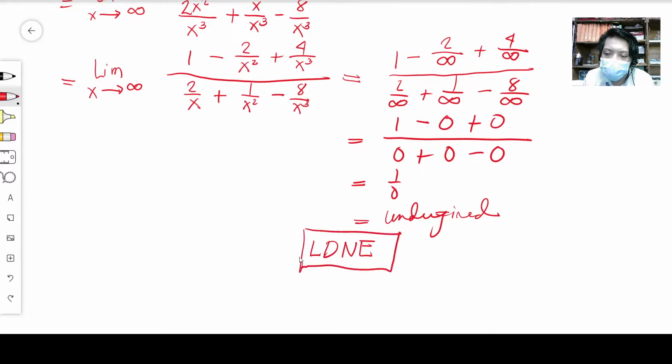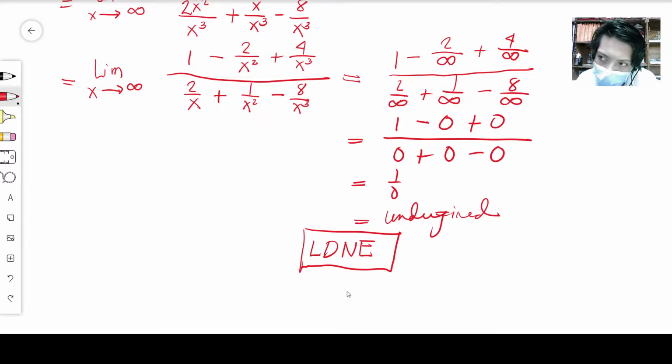Okay? Now, when you are dealing with this type of problem, when x approaches infinity, whether negative infinity or positive infinity, you cannot use the left-hand limit and the right-hand limit.